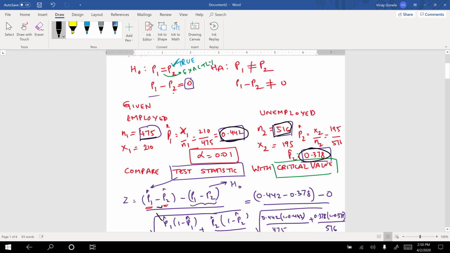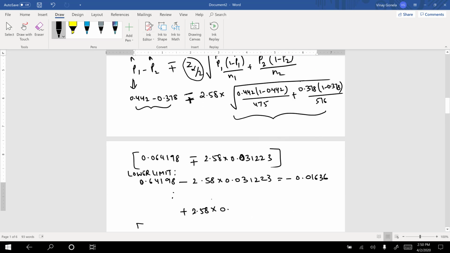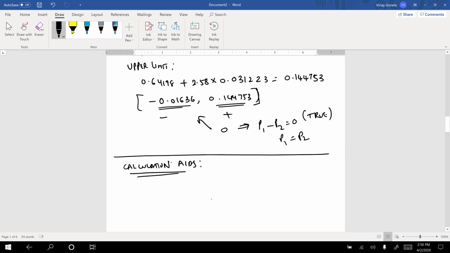Our hypothesis is H null: P1 is equal to P2, or P1 minus P2 is equal to 0. Alternative is P1 not equal to P2, that is P1 minus P2 not equal to 0.